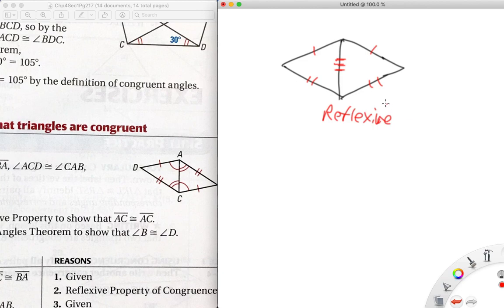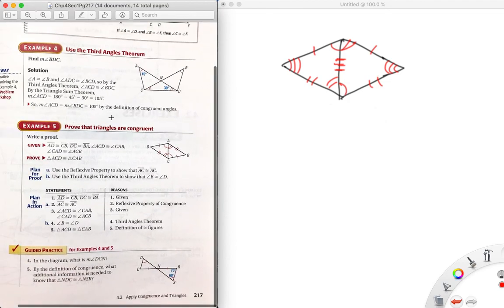Reflexive doesn't go anywhere either. So we can use the reflexive property and say that it's congruent to itself, so we have three corresponding sides. So we have this angle and this angle. That means that these are parallel. And then we have this angle and this angle. So we can say that the third angles are congruent because of the third angle theorem. And that's what they want us to say.